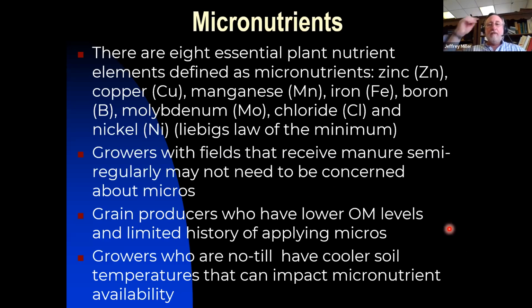But grain producers who have lower organic matter levels and no history of applying micros should definitely be reviewing their soil test results to see if that's something that they need to improve on. And yes, no-till cooler soils can impact the release and availability of micronutrients. So again, you should be considering micronutrient levels and looking at soil test reports.